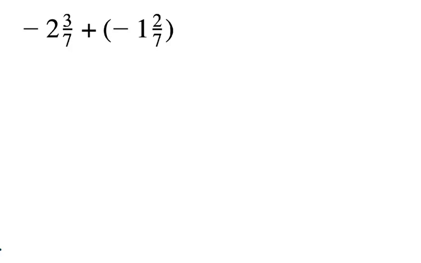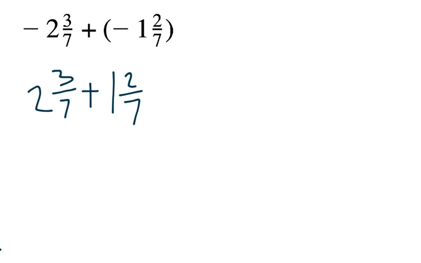And I'm trying to figure out, okay, I know that the whole numbers together are, I'm going to think about this as adding 2 3/7 plus 1 2/7, even though they're both negative, and I know I'm going to have to make my answer negative at the end, sometimes this just helps me think about it.